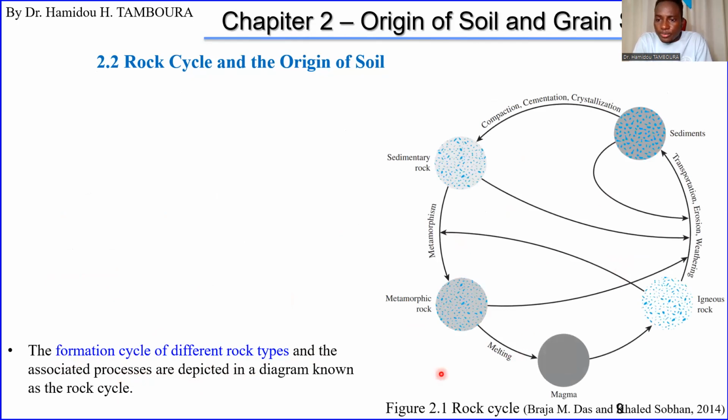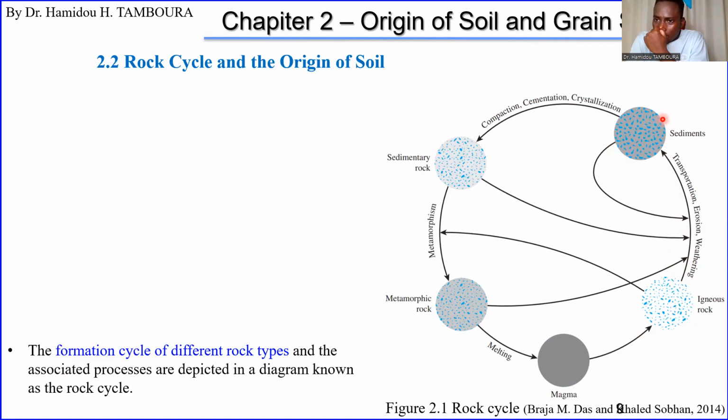For example, we can see here that magma deep underground can give the igneous rocks. And by transportation, erosion, and weathering of these igneous rocks, we can obtain some sediment.